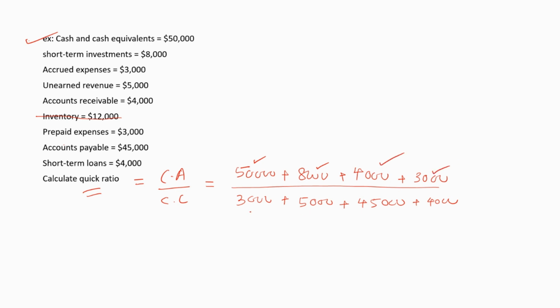In the denominator, this is the accrued expenses, this is the unearned revenue, this is the accounts payable, and finally this is the short-term loans. In this calculation, we did not consider the inventory value. So the quick ratio is equal to 1.14.